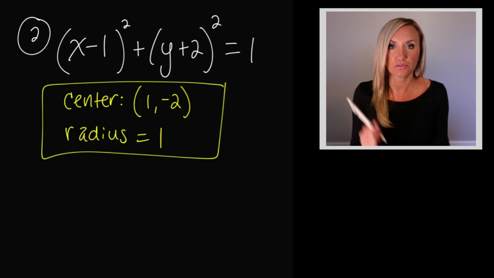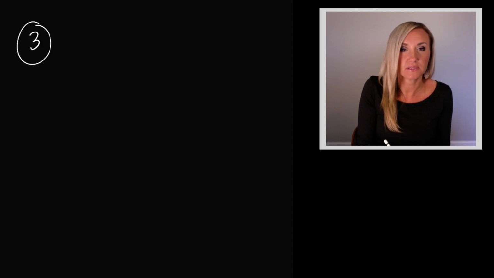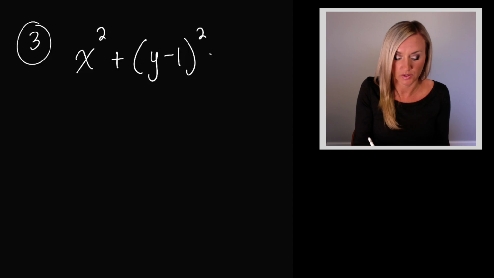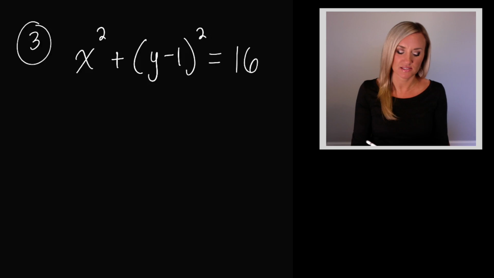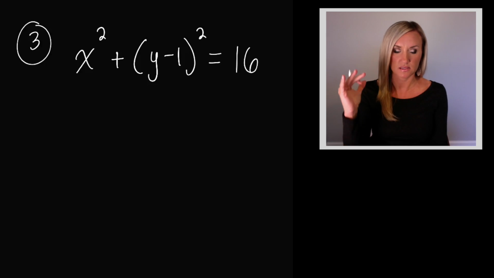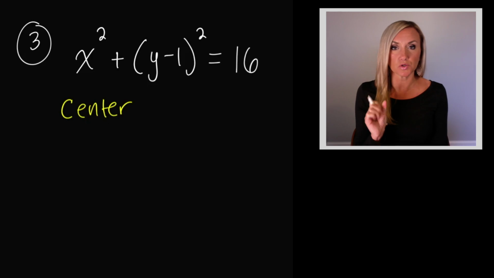All right, third example. Example number 3: x squared plus the quantity y minus 1 squared equals 16. What would be the center of this circle? Because there are no numbers with the x quantity that's squared, the center of the circle did not move horizontally at all.